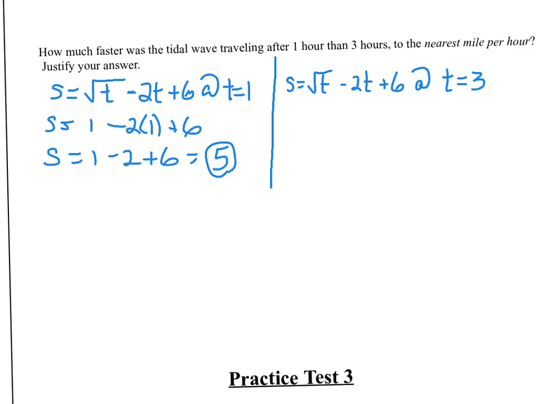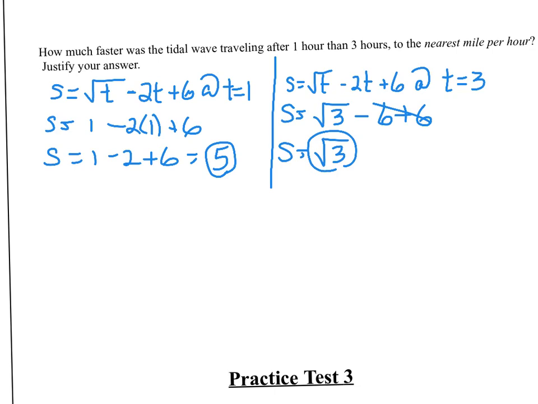Now let's plug in 3 and see what we get. So here I'm going to do s equals, now I don't know what the square root of 3 is, so I'm just going to leave it for right now, minus, now 2 times 3 is 6, plus 6. Well, so those guys are going to cross off, right? So s is equal to the square root of 3. Now you can plug the square root of 3 into your calculator, and you'll see it's roughly 1 point something or other.